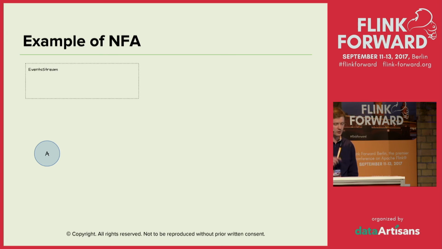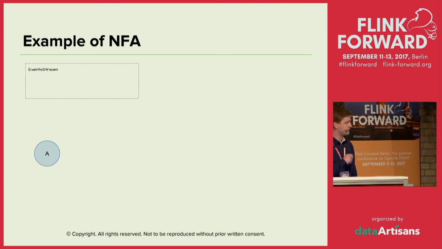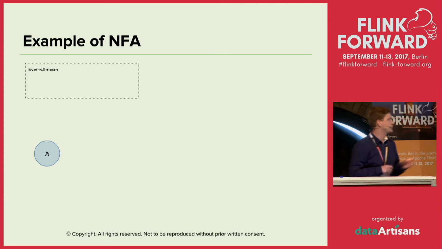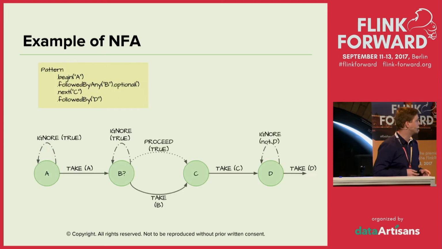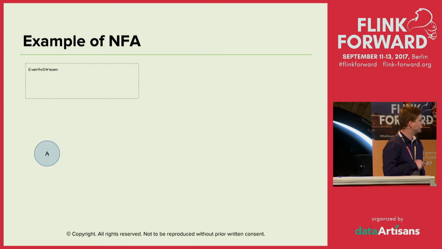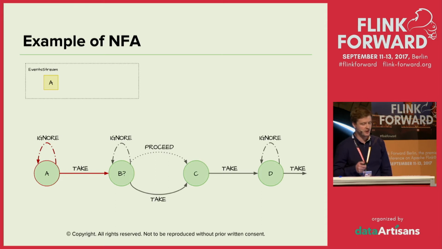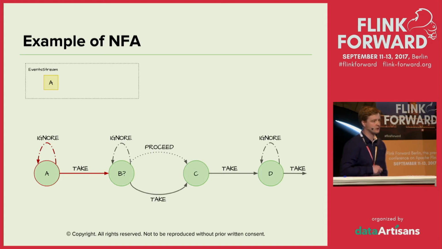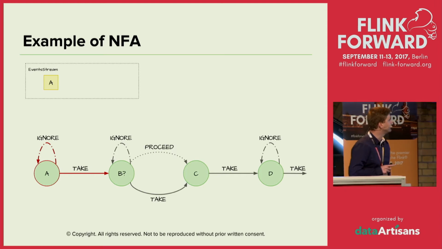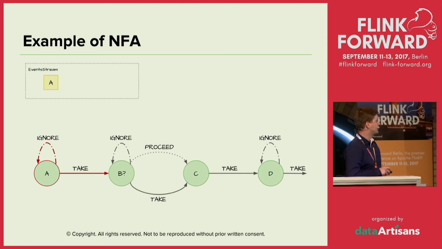The list of computation states is initialized with the first state of our graph, in this case the A state. And for each event, we check transitions of all active states. When we have event A in our stream, for the A state, 2 of the transitions will be triggered.